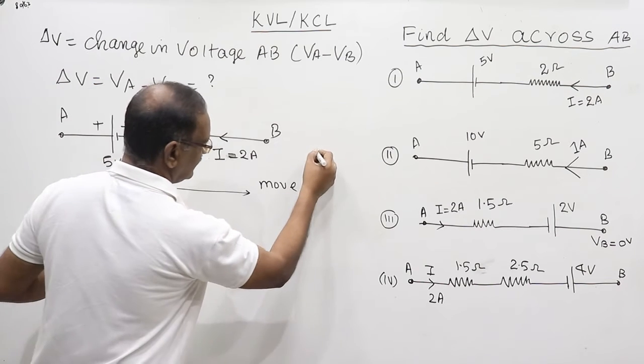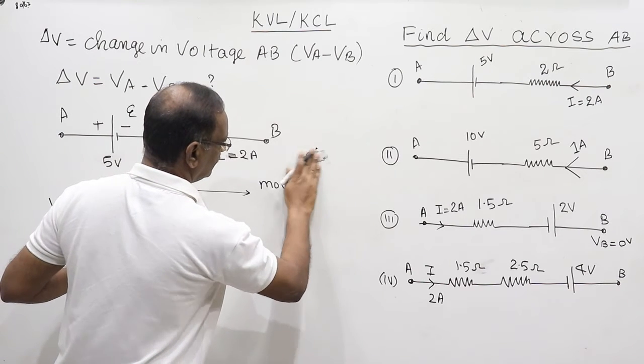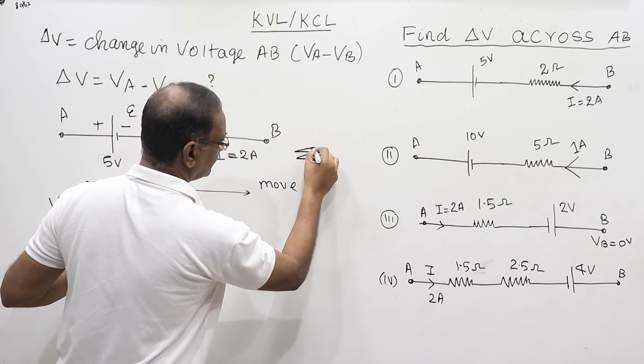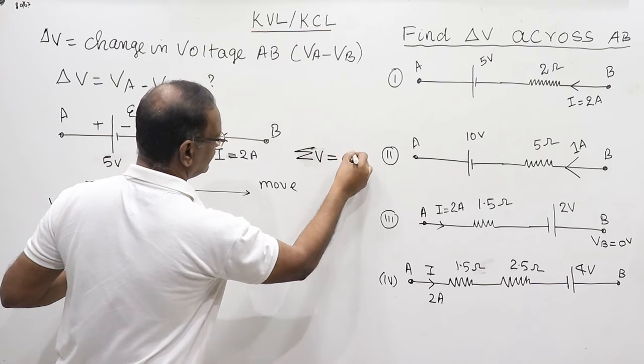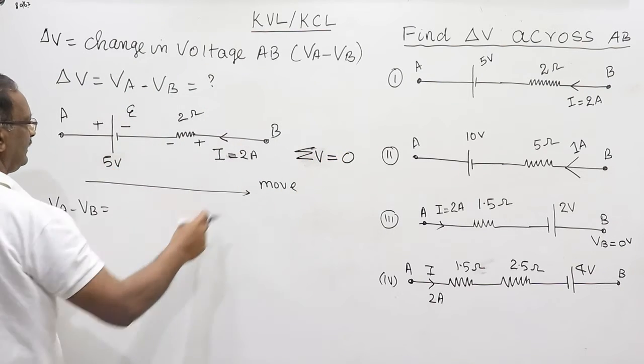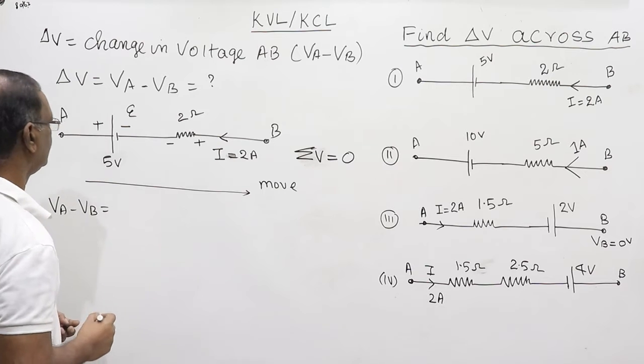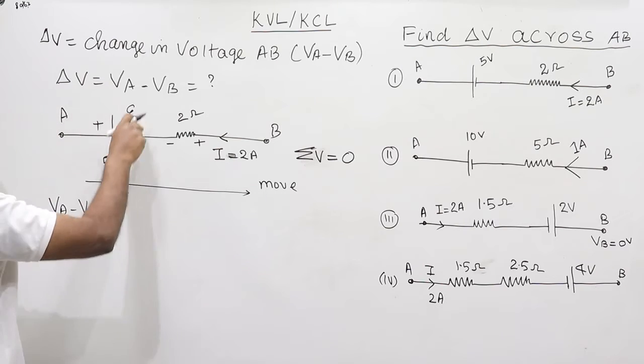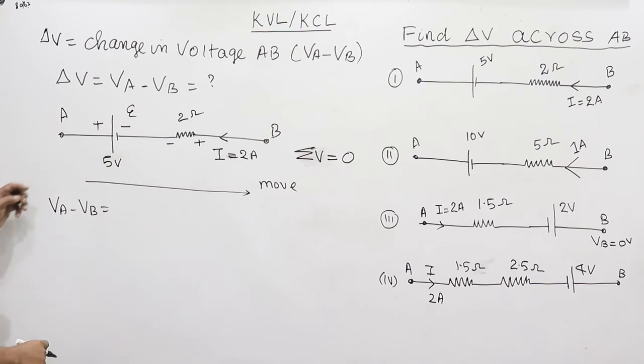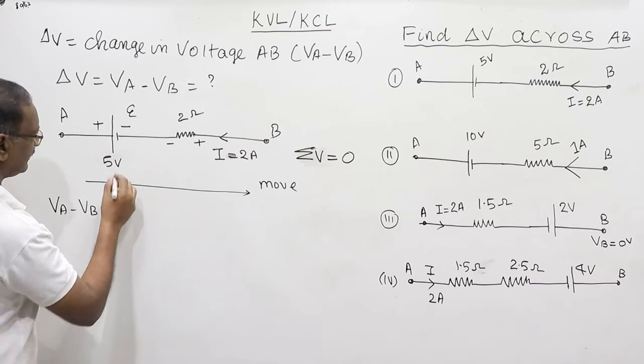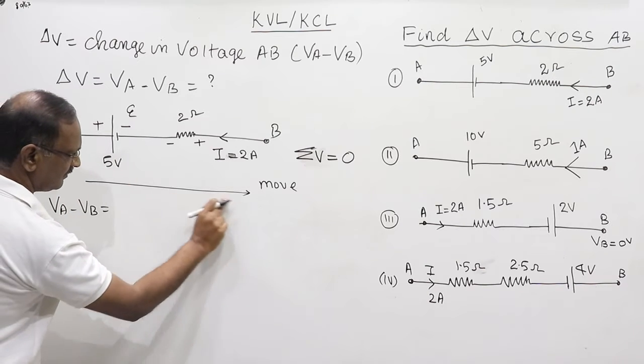See, we have seen already, algebraic sum of voltage across a closed loop A to B is equal to 0. It means what is the voltage here? Voltage is nothing but the EMF of the battery. So here we move from here to here.